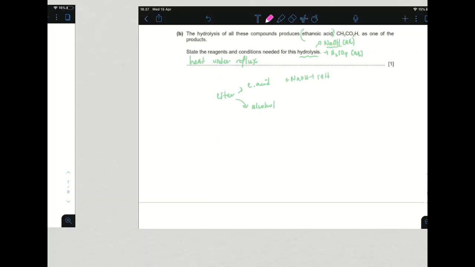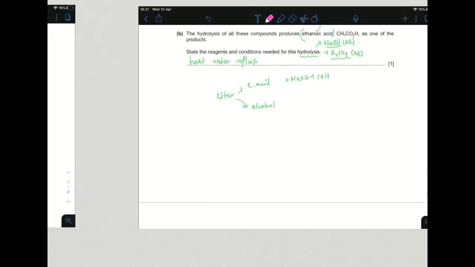But here we want only the ethanoic acid. Therefore you cannot use the sodium hydroxide. We have to use the second one, which is H2SO4. This H2SO4 is just going to change the compound into carboxylic acid and alcohol. So you are not going to have other products, like for example the salt. In this case you are going to get the ethanoic acid.